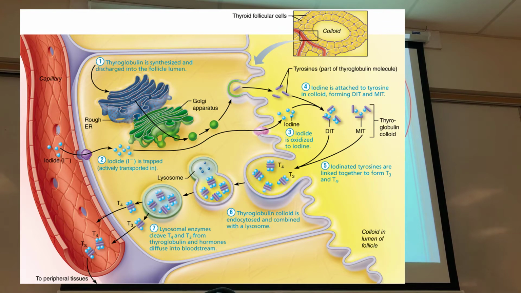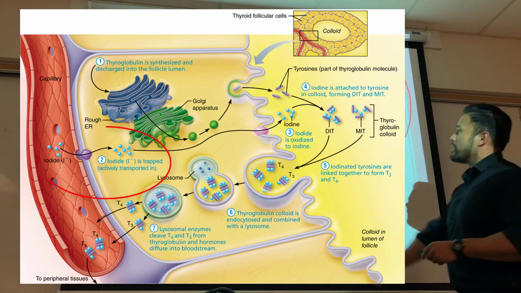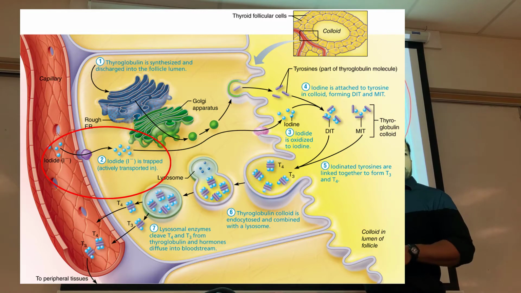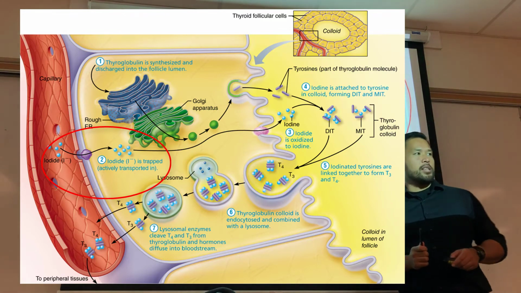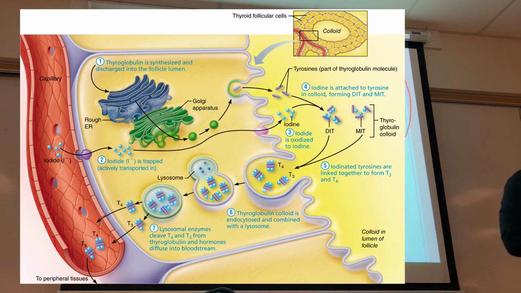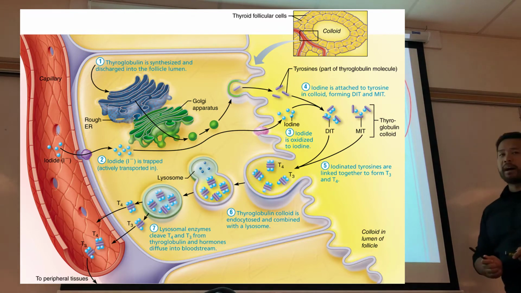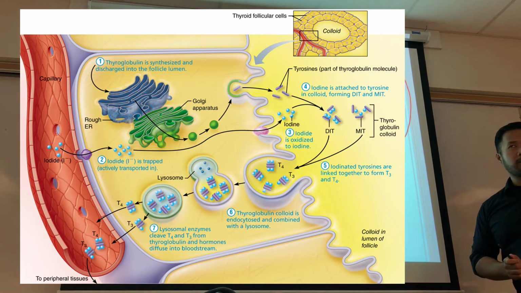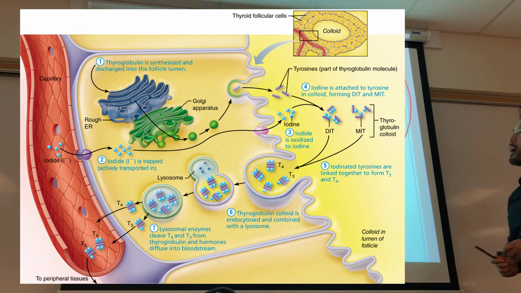Once TGB is in here, we are importing iodine from the circulatory system. Now the question is, where does iodine come from? Well, naturally we can get iodine from our diet. I don't think it's a trace element, but it is just a little bit of iodine that we need.